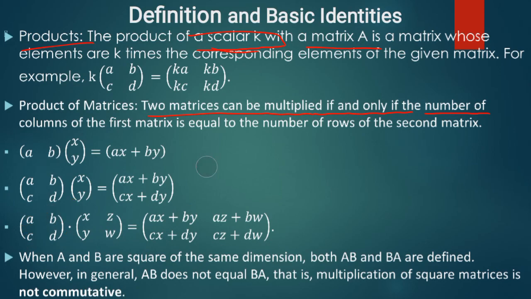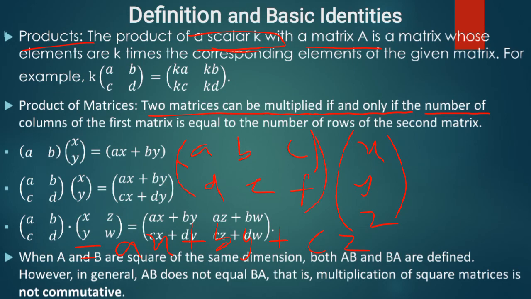For a 3 by 3 in a similar way, you're going to have a, b, c times x, y, and z. So what do you think you get? Definitely this would be something like ax plus by plus cz. So if I happen to have, say, d, e, f down here, same thing.